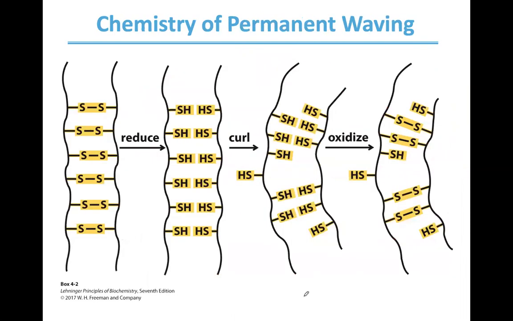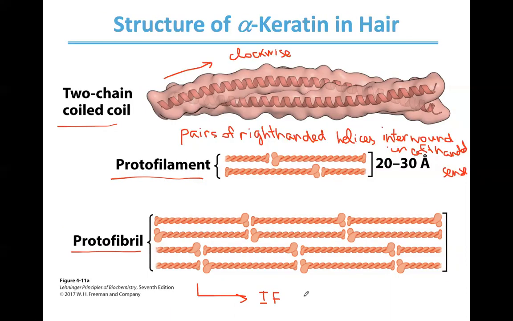And one other thing to keep in mind is about disulfide bonds. So in the rhinoceros horn, I guess 18%.